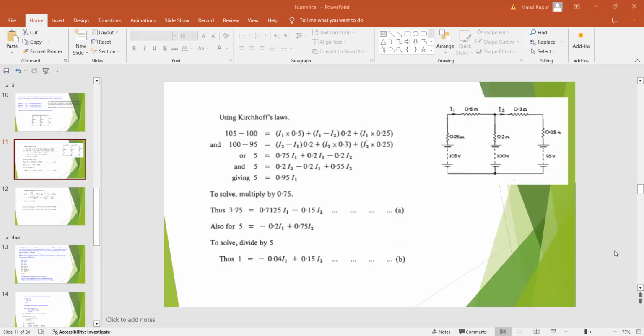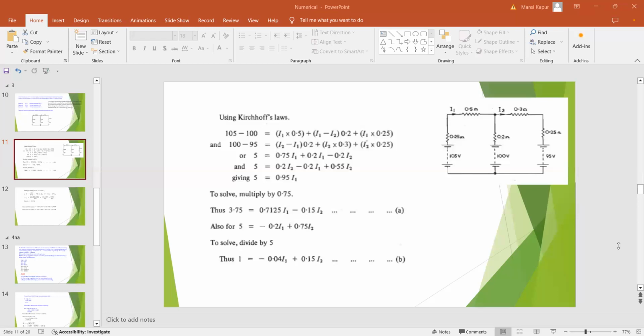I1 plus 0.04 I2 equal to how much? 5 into 0.2, equal to 1. This will be our equation number 3.